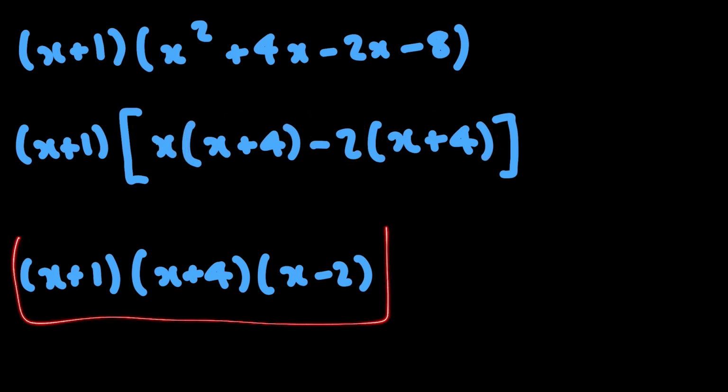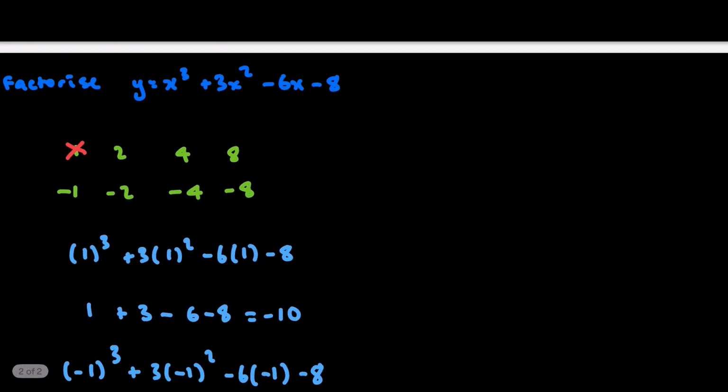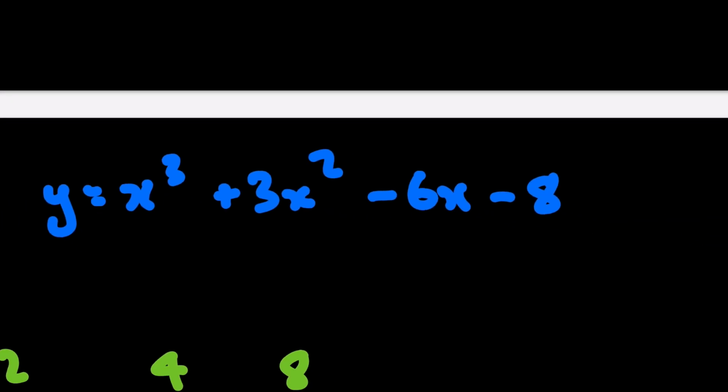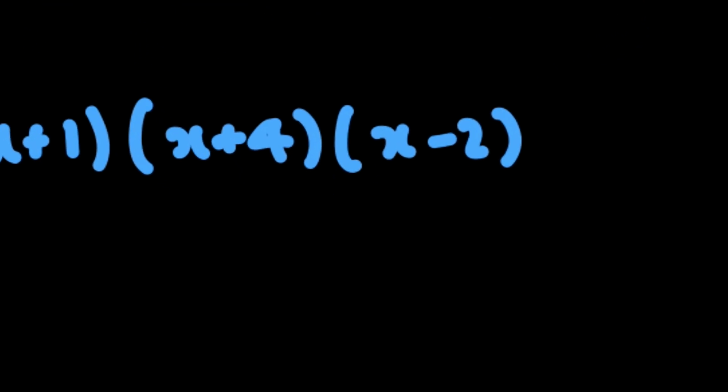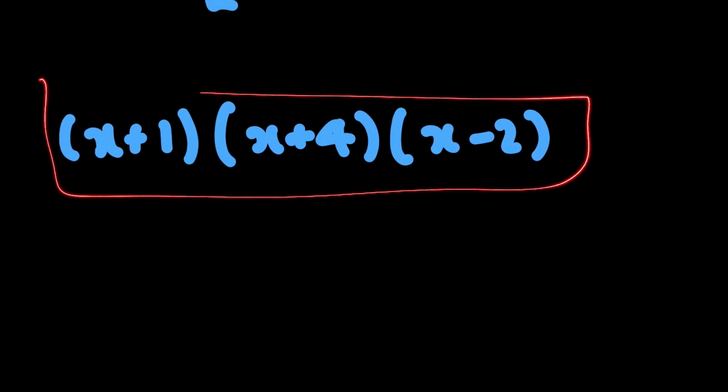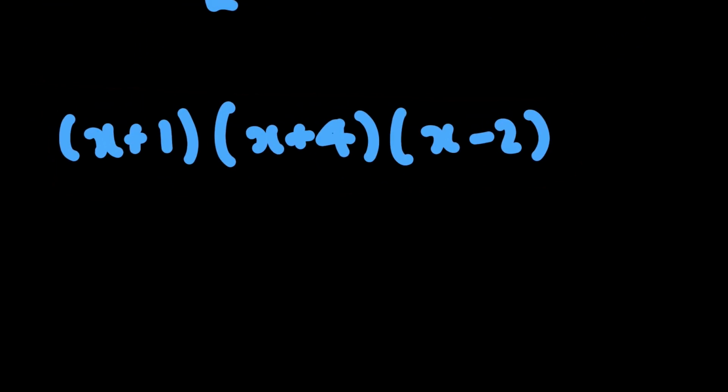And there you go. This is the factorized version of the original cubic that I had at the start, which was all the way up here. This was our original polynomial, and the way I have factorized it is into these three linear terms here. That is how you do a polynomial factorization, particularly with cubics.